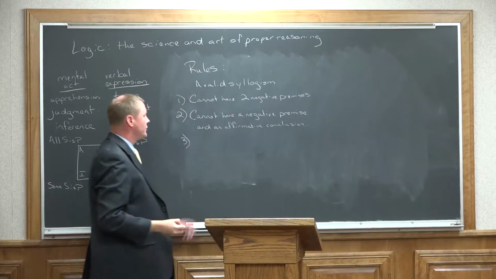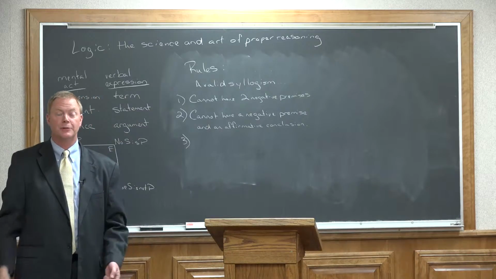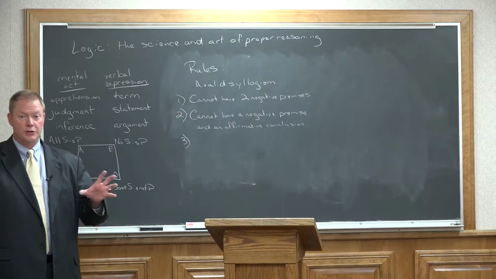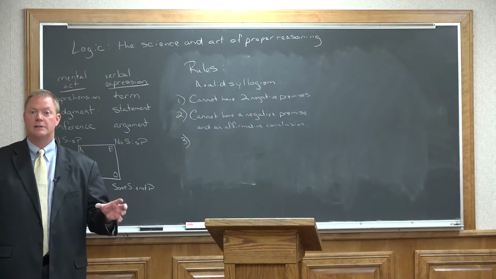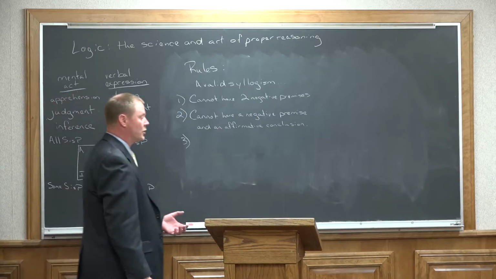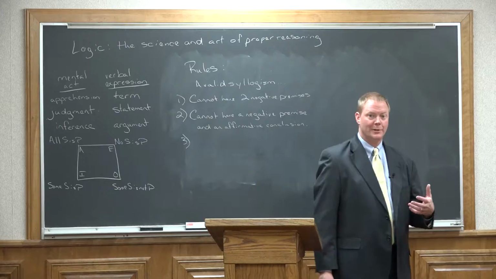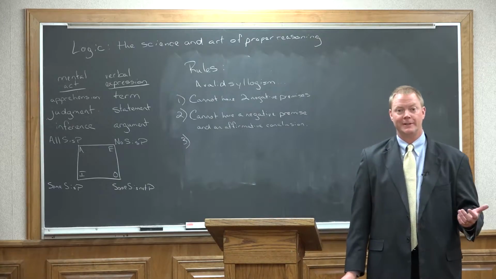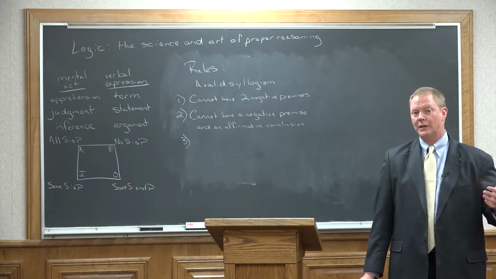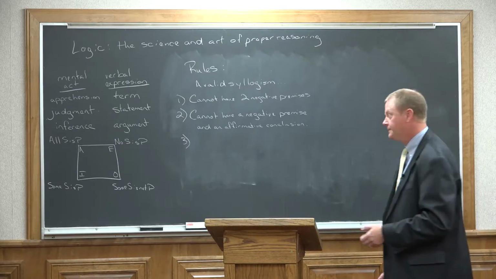Now again, the reason for that is because the conclusion cannot go beyond the premises. So when you identify what a thing is not, you cannot say what it is. All right? I am mortal. I am not a pickled herring. But you can't conclude something from that at all about me.